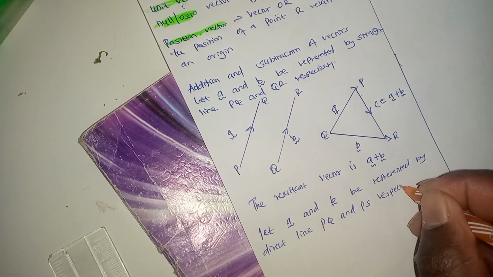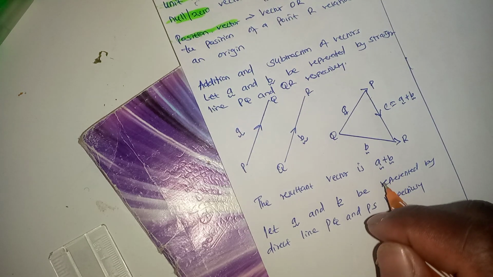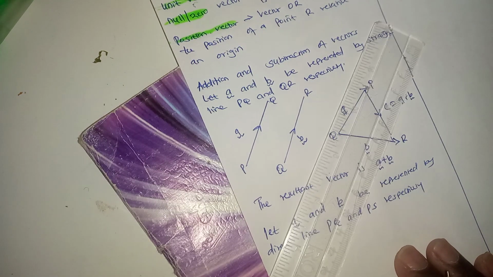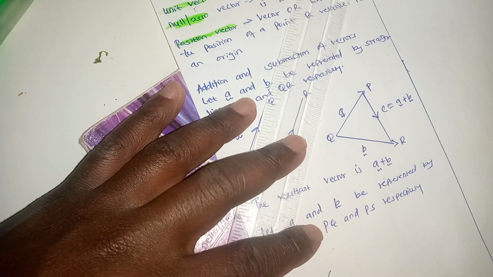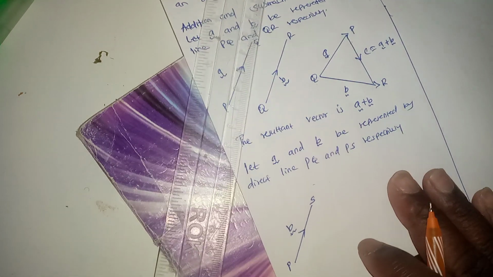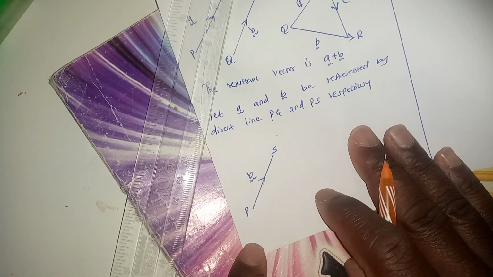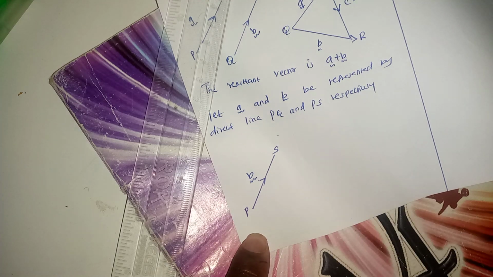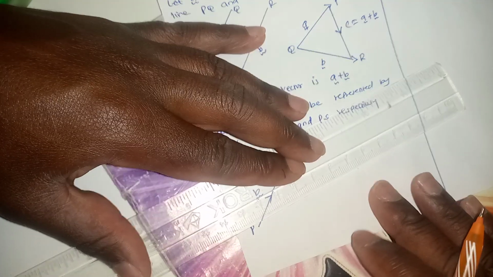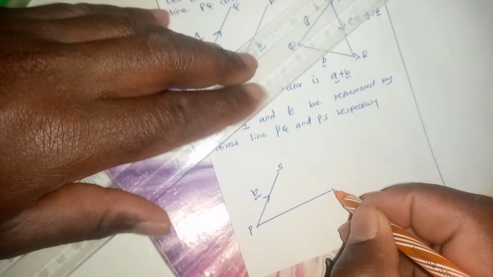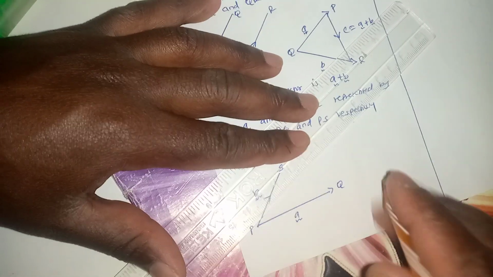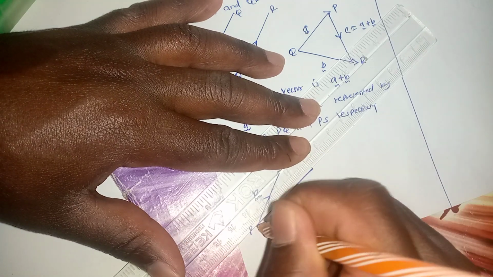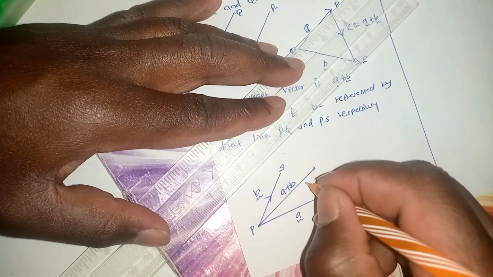Now we first draw PS, which is vector B. Then we draw PQ, which is vector A. Now the resultant comes here in the middle. This is A plus B, and it is heading this way.